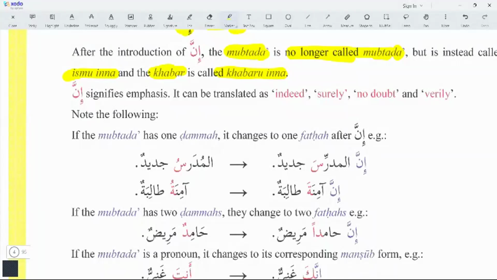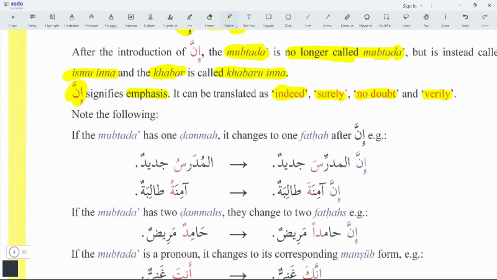What do we use this inna for? Inna signifies emphasis. It can be translated as indeed, surely, no doubt. So according to the sentence, we can translate inna into these meanings: indeed, surely, no doubt.